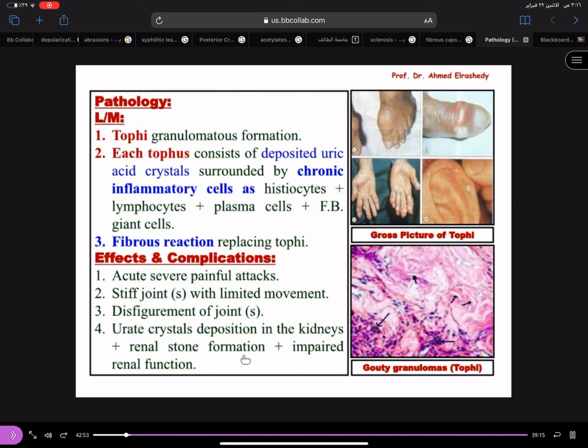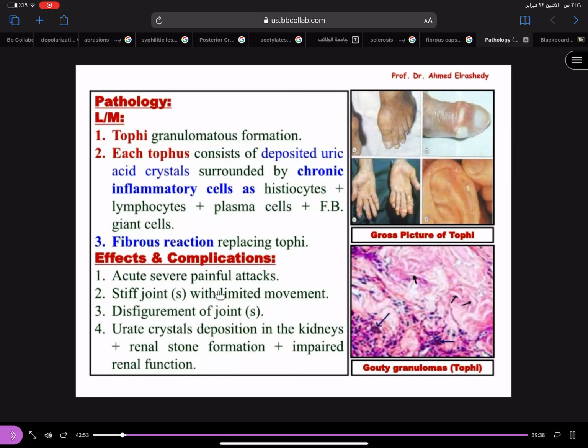Now, from where these urate crystals are coming, they can be primary type or secondary type. Primary type means enzyme defect. And secondary means some other disease. Other disease can be leukemia or anything which produces more cells, cancers, or it can be a kidney problem.